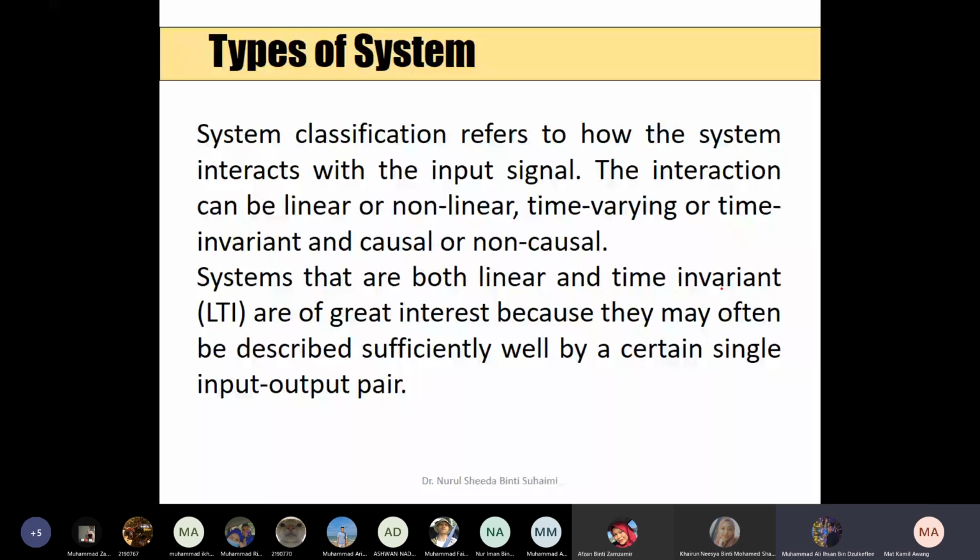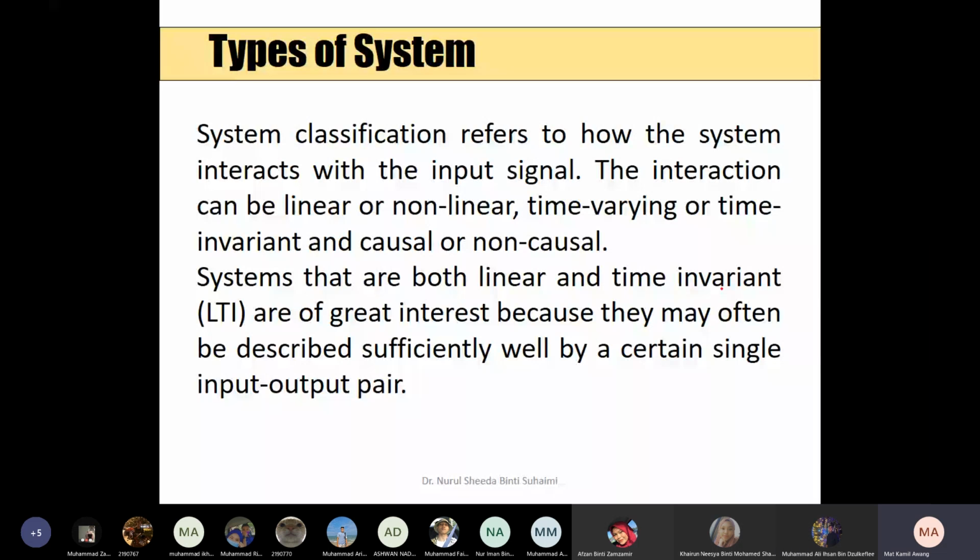The interaction can be linear or non-linear, and in this course we deal with linear systems. It can be time varying or time invariant, and we deal with time invariant. It can also be causal or non-causal, and we deal with causal systems.